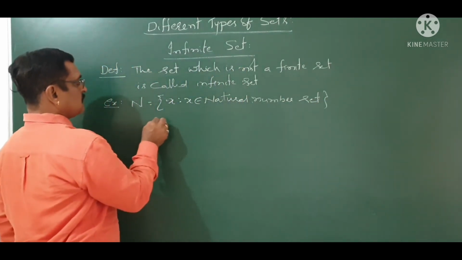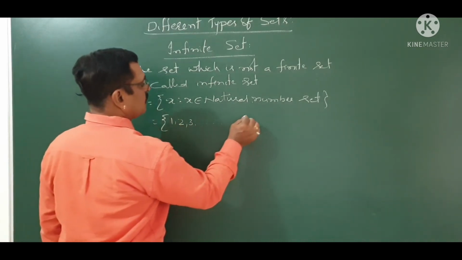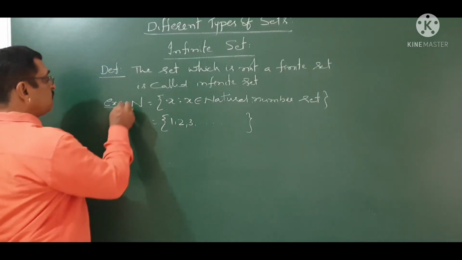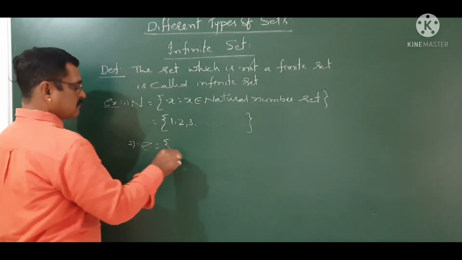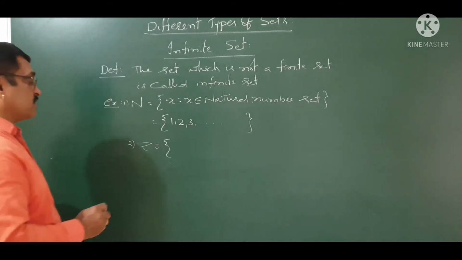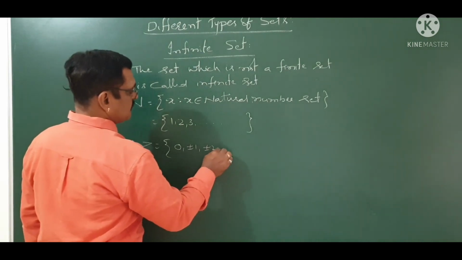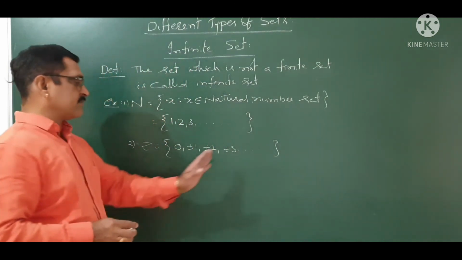So here you can have a list of elements 1, 2, 3 and so on continuously. You can have one more example. Integers. That is 0, plus or minus 1, plus or minus 2, plus or minus 3, and so on continuously.